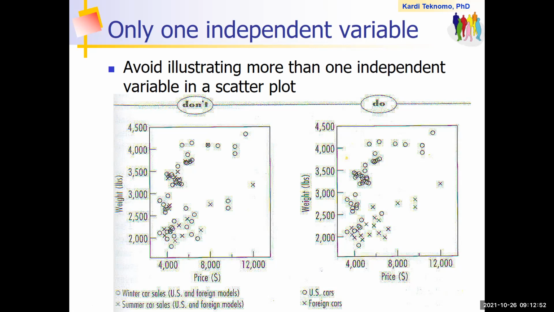So try to use just one, only one independent variable. So on the left side here you have winter and summer of US and foreign model. On the right side is only US and foreign. So that is less complex.